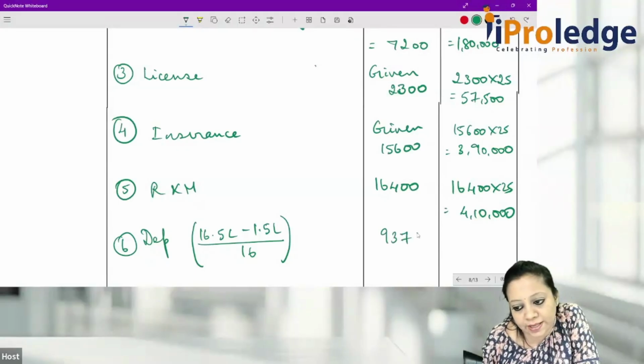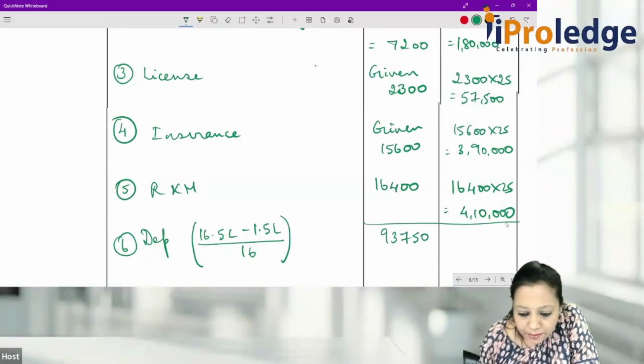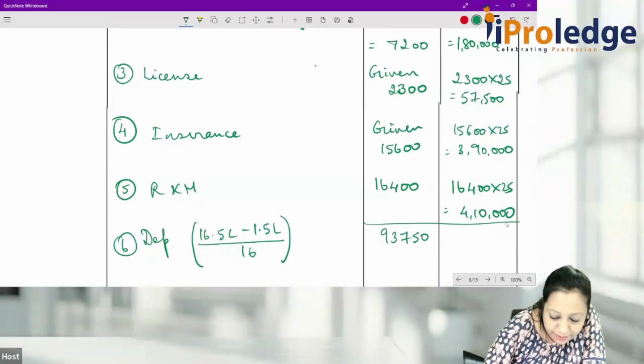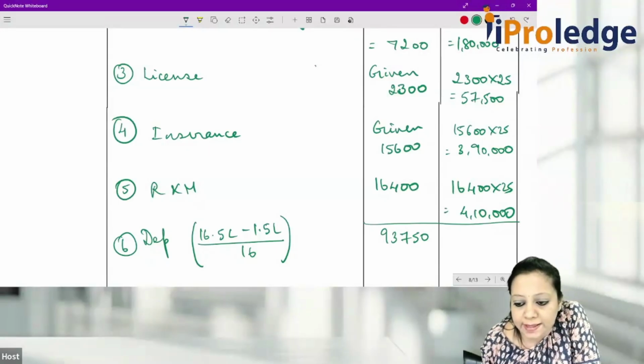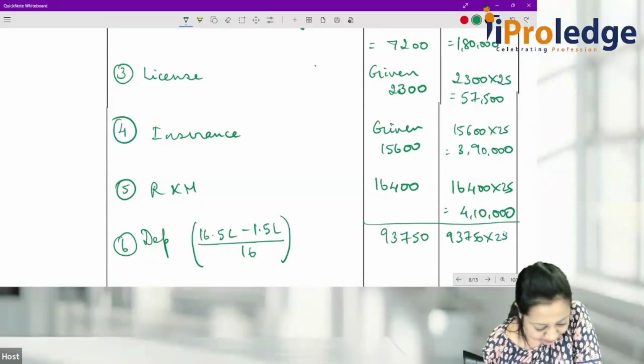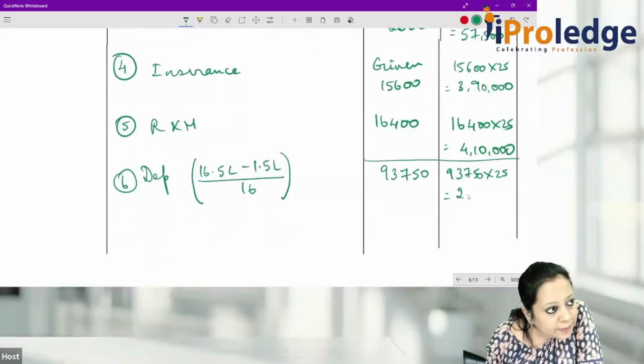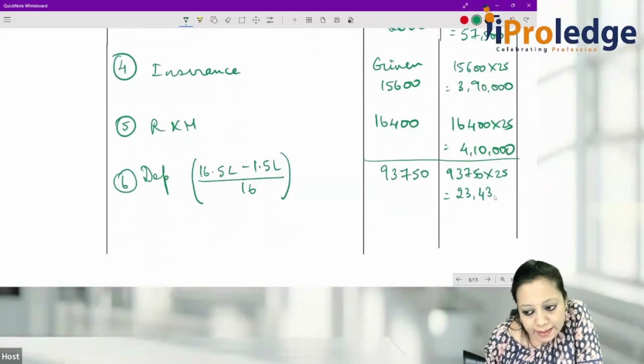That is 93,750. So 93,750 depreciation for one bus. 93,750 into 25 is 23 lakhs 43,750. Thank you.